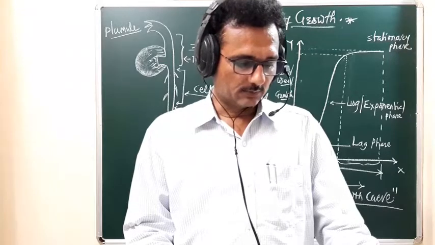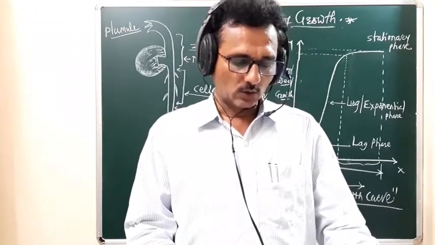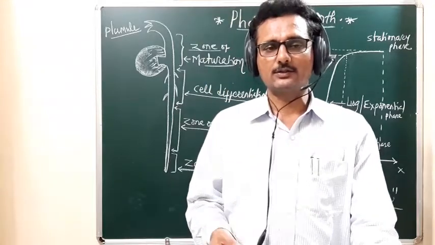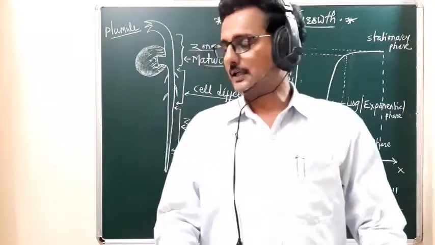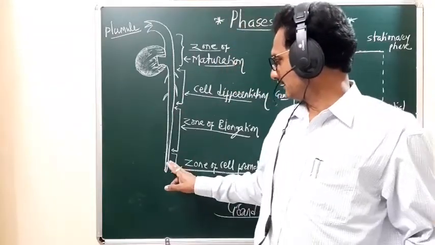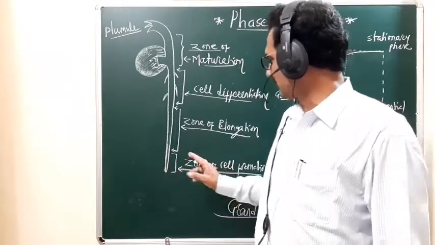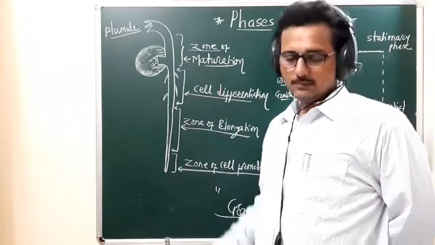Then see question number 11. The correct sequence of cellular growth phases: again, these are the phases seen at the zone of cell formation, the zone of cell elongation, and here at the maturation.